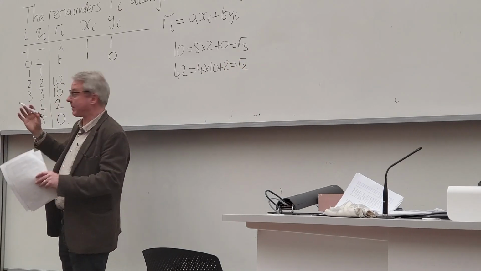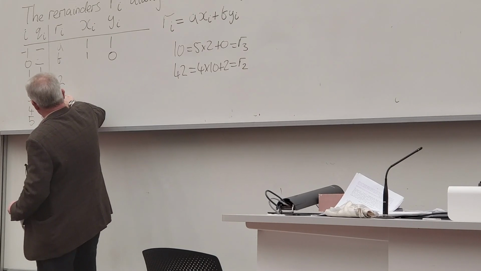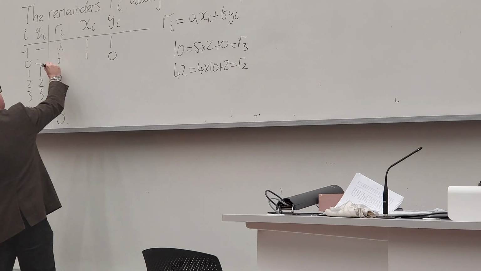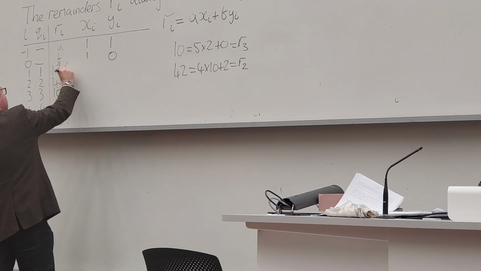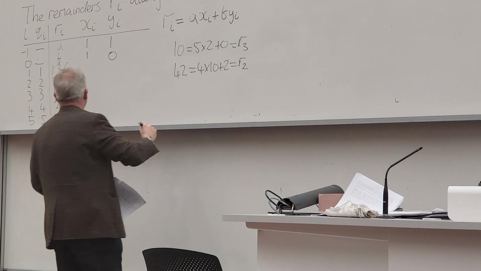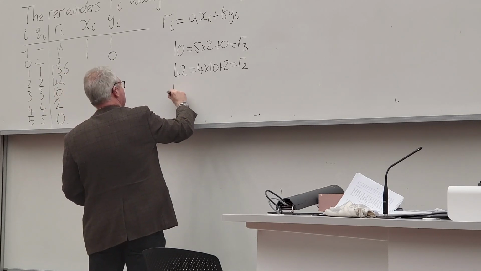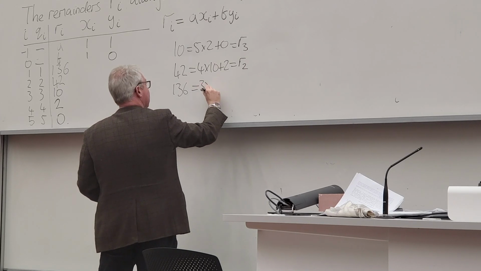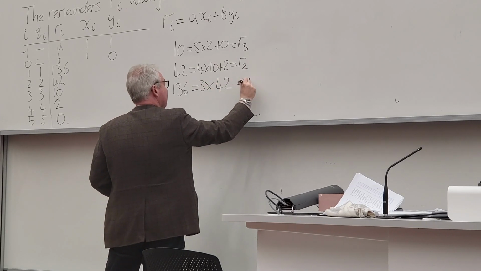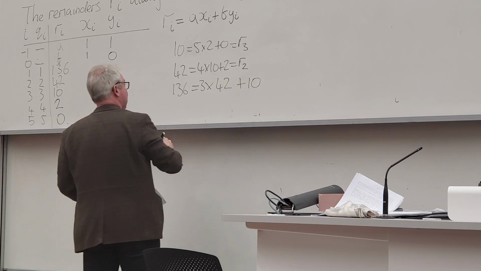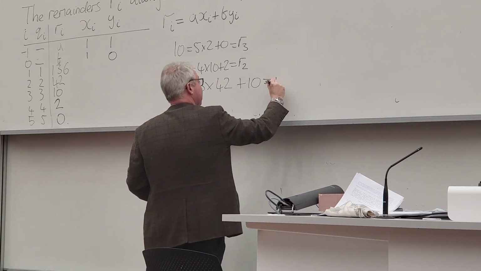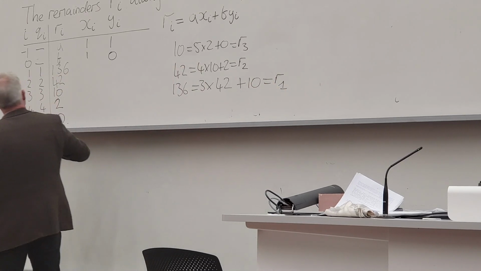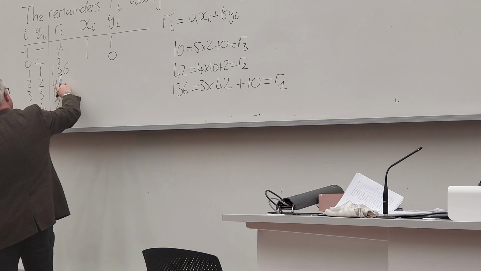Okay, and we're told that the Qi are the same as the i. So 1, 2, 3, 4, 5. So remember, Ri, if we have A and B here, equals A Xi plus B Yi. So you get this nice property that follows all the way through.